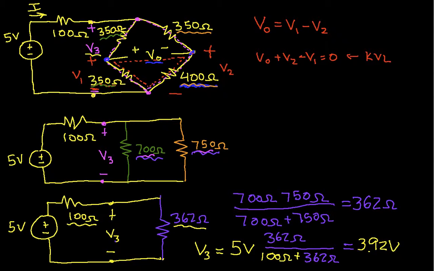So I can say then that V1 will be 3.92 volts times 350 ohms over 350 ohms plus 350 ohms. Okay, so I'm looking at this resistor and this resistor, which turns out to just be half of 3.92.